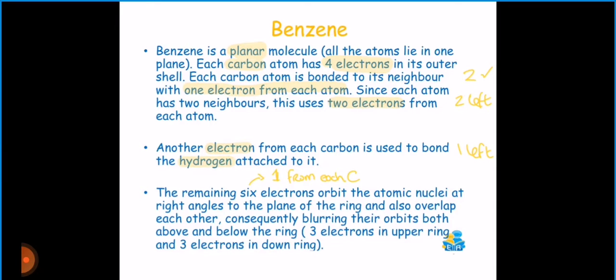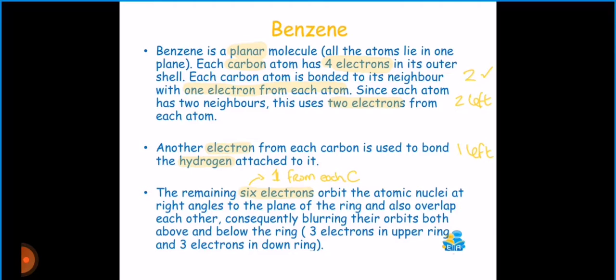That means in total in our benzene molecule there are 6 electrons left, and that's 1 electron from each carbon. So the 6 electrons orbit the atomic nuclei at right angles to the plane of the ring and also overlap each other.